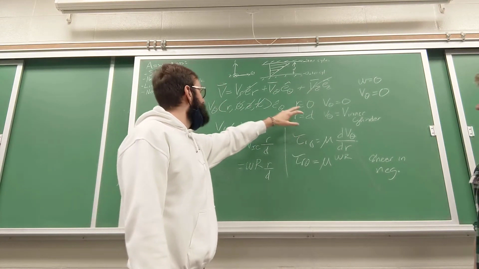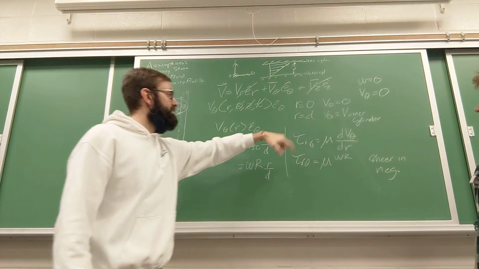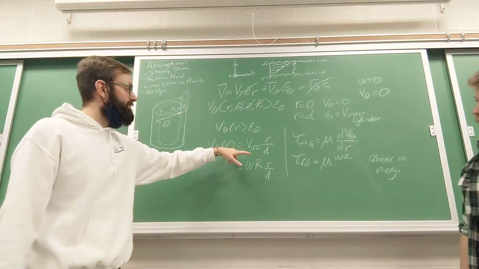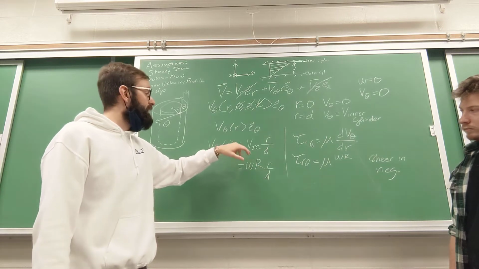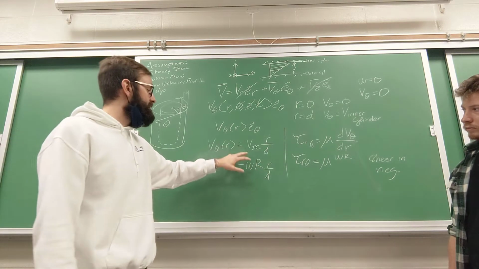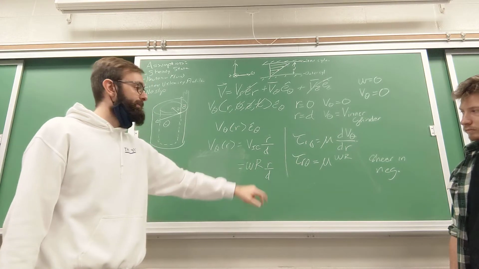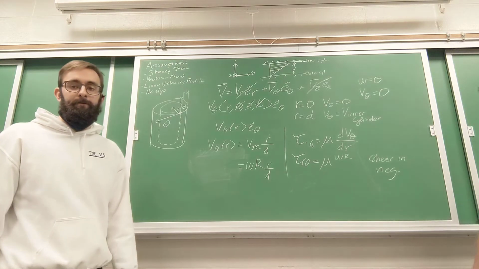But when R is the distance to the inside cylinder, it is equal to the velocity of the inside cylinder. And we get our velocity equation as a function of R: V times R divided by D. But this V is angular velocity, so it's equal to omega times big R. And then we're going to look at the shear stress.